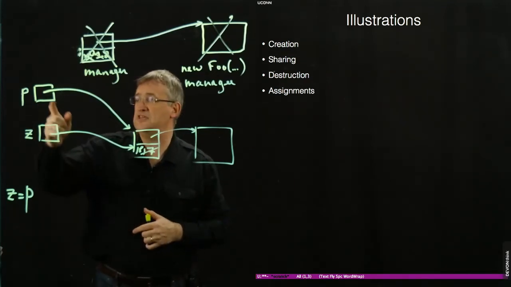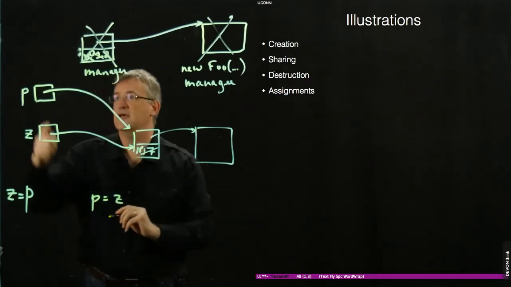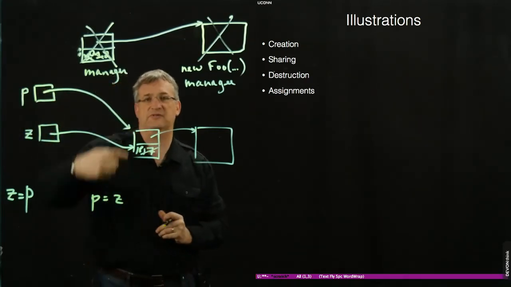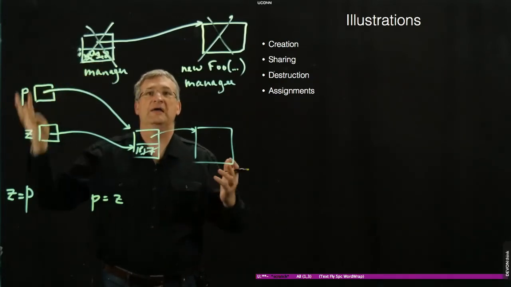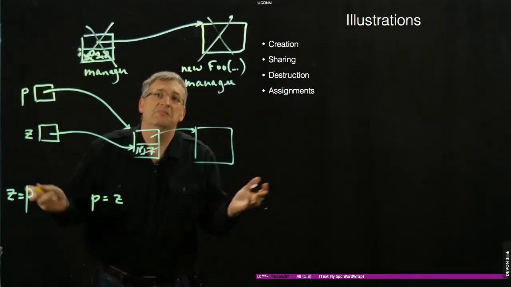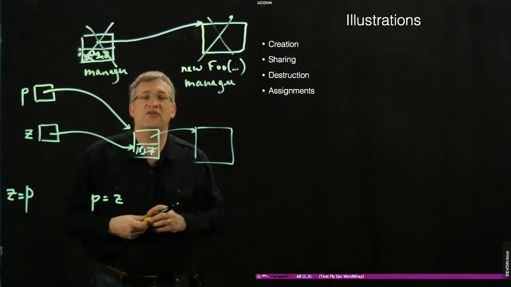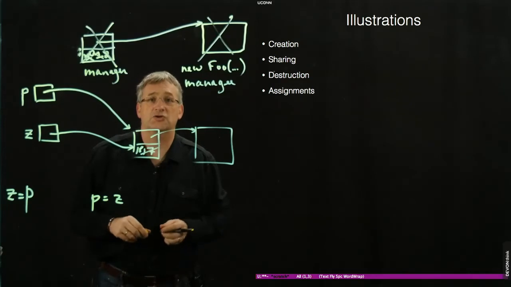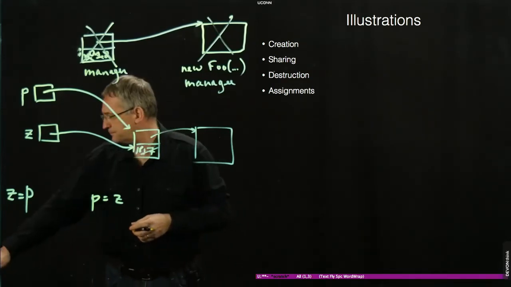And when that happens, here P was assigned, right? I did something like P equals Z in this case. So I made P be the same as Z, pointed here. And when I do that, the old thing that P was pointing to, if nobody points to that, well, that thing has nobody that cares about it. So therefore, the only thing it can do is go away and gets released. That's the entire idea behind this.